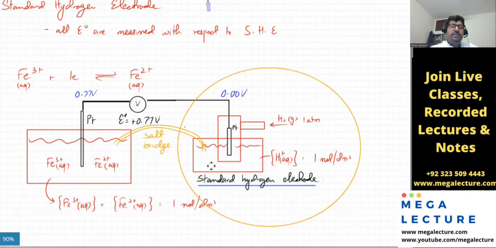So the reference will always have zero potential, and if you put the iron electrode next to it, it will have a higher potential, with a potential difference of 0.77. So the voltmeter will give you 0.77 volts. So this is how we did the whole 3 types of electrodes thing.